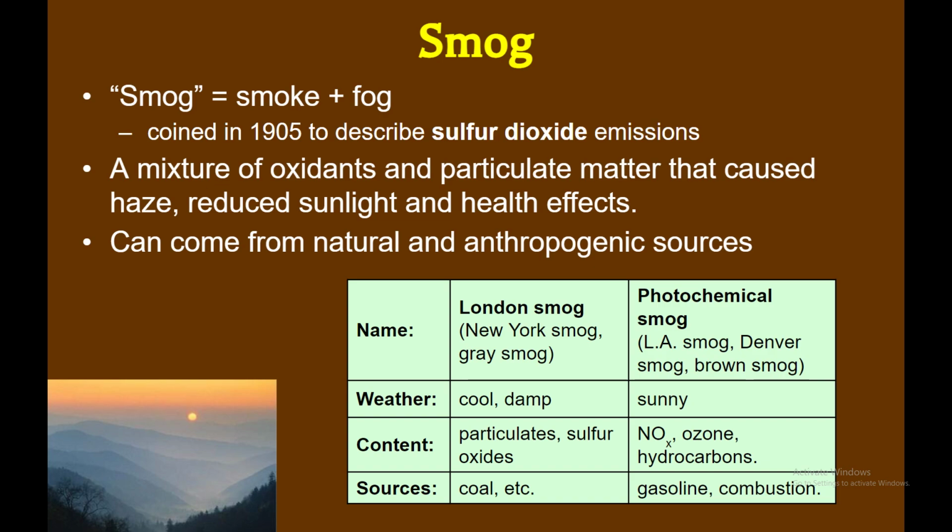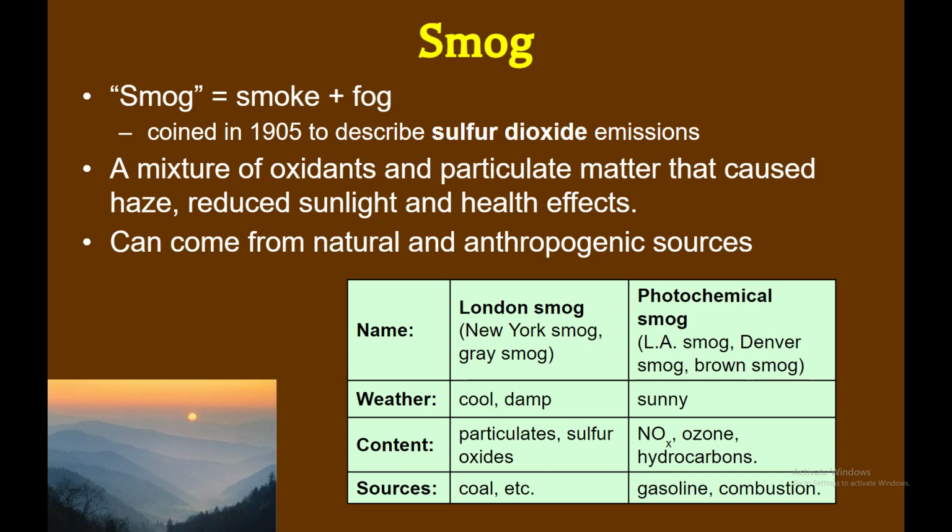It causes haze and stuff like that, and it's just a mixture of particulate matter and harmful pollutants and chemicals. It can be natural or it can be anthropogenic. There's London smog and there's photochemical smog. One is in cool, damp weather, and the other one forms in bright, sunny weather.